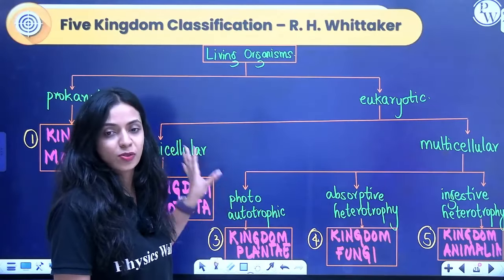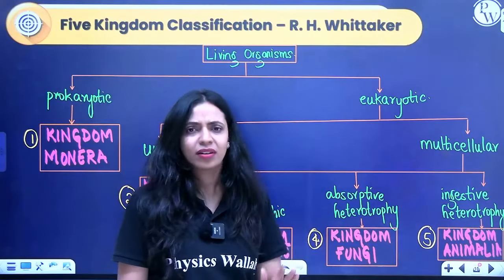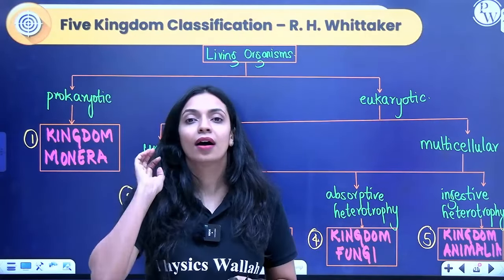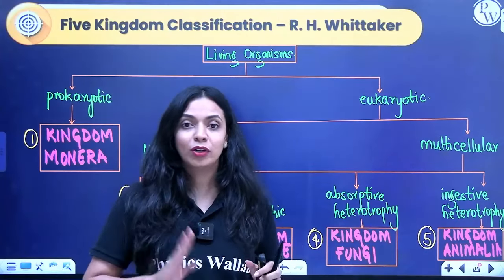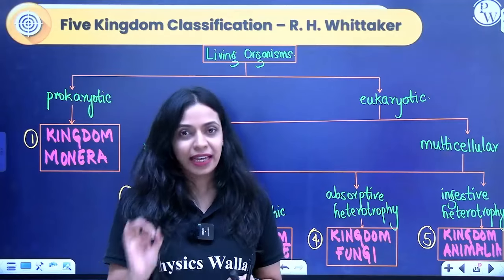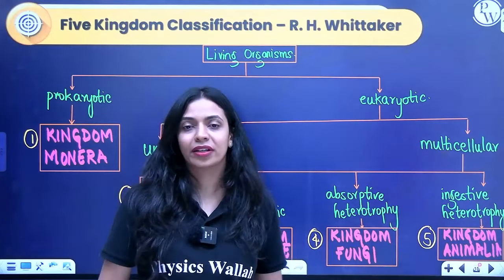So all of the plants would be included here. Now what is heterotrophy? Heterotrophy is organisms not capable of synthesizing their own food. They depend on other organisms for their nourishment. They do not have the ability to make food by themselves, so they depend on other organisms for nourishment.